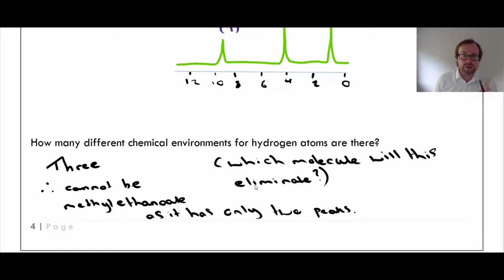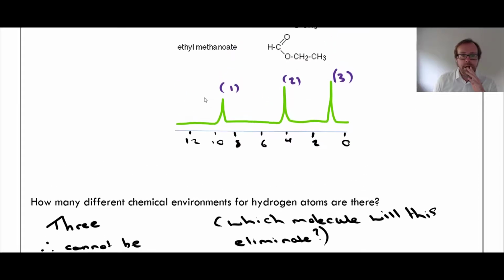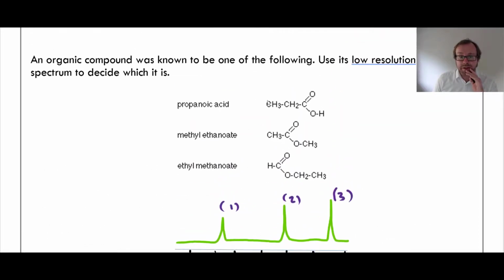So I'll only go through question 1 to begin with. How many different chemical environments for hydrogen atoms are there? Well, there are 3 because there are 3 different peaks. So if we go back up to our structures, we can eliminate one already, and we can eliminate methyl ethanoate because this only has 2 different proton environments.